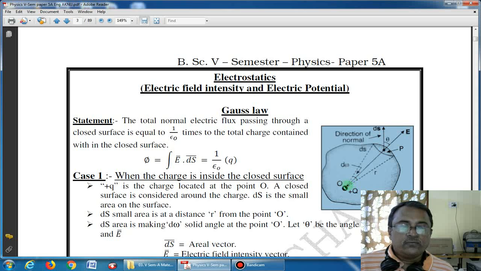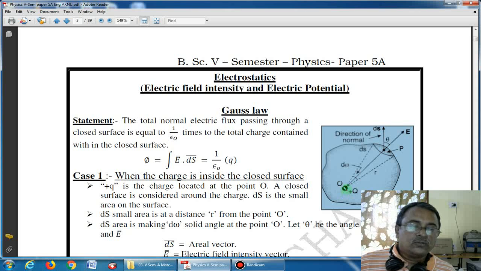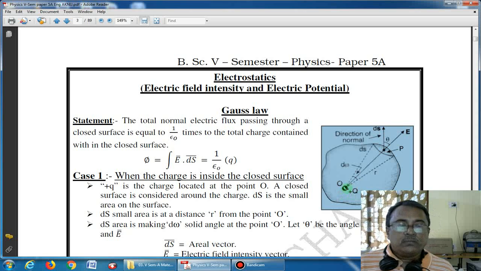So, if a positive charge is placed within the closed surface, then the electric field lines will pass away from the positive charge, or these electric field lines will pass out through the total surface area.